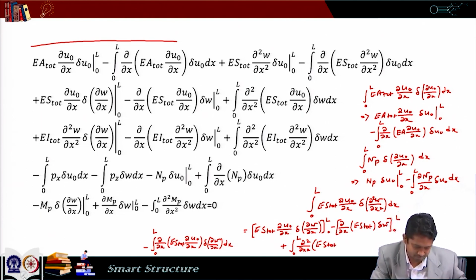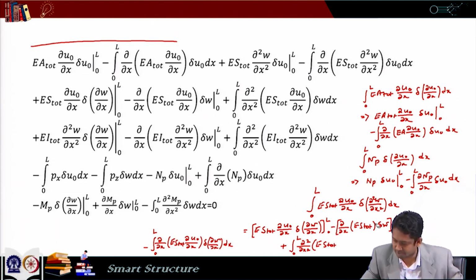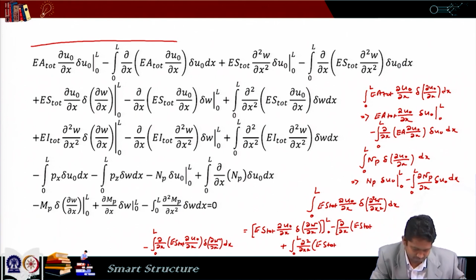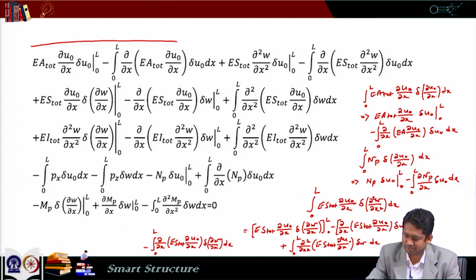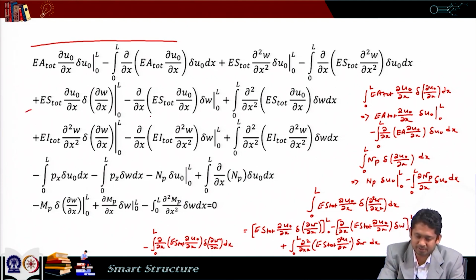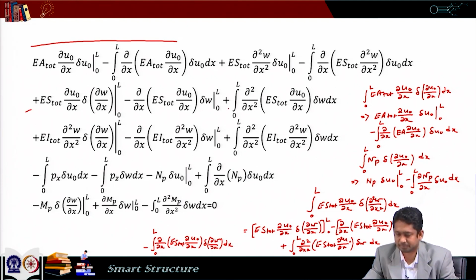Here this term is missing: it is E s total del u 0 by del x multiplied by delta w, and here we have the same thing, but differentiated once more, multiplied by delta w dx. So, that is how we get this term and this term.